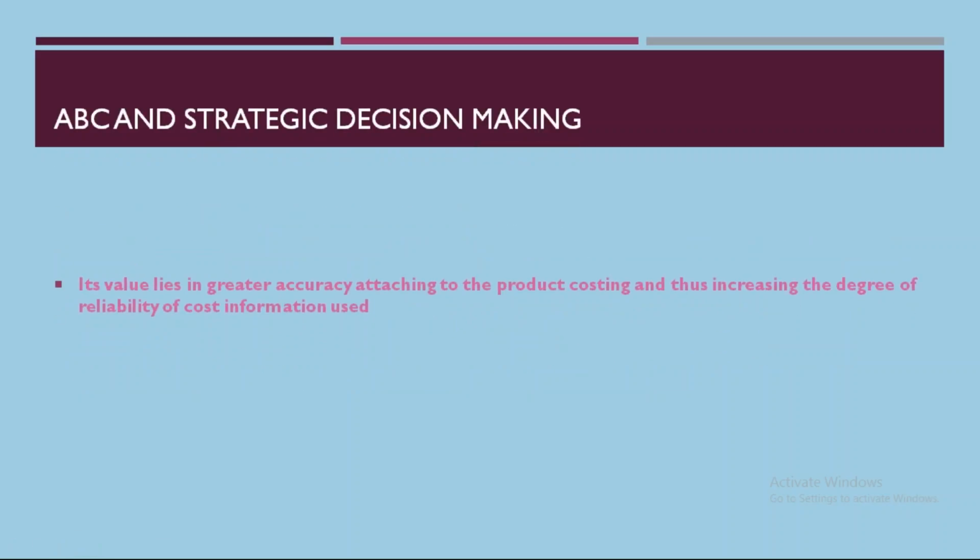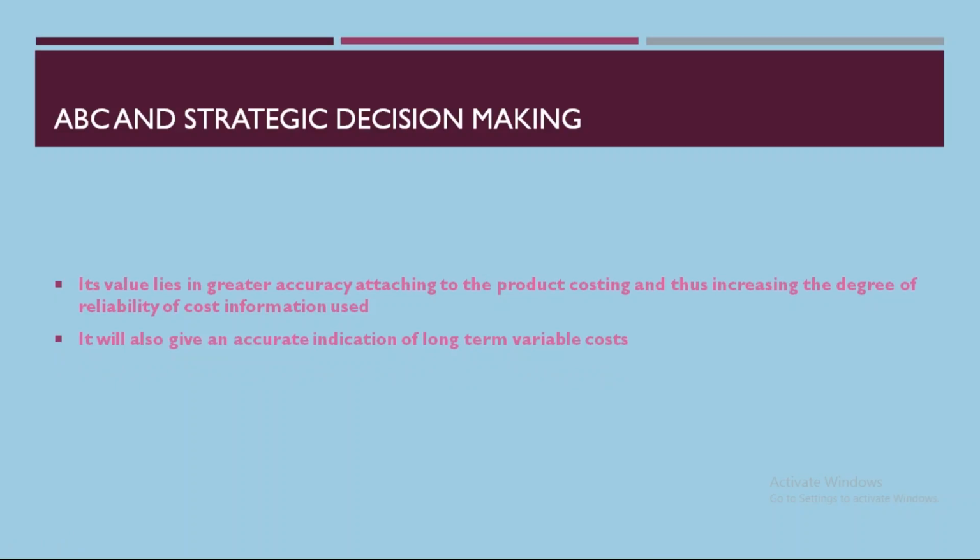So this, as I said, works very much on strategic decision making, because the underlying value is greater accuracy in product costing, and therefore you have very reliable cost information to be used for decision making.